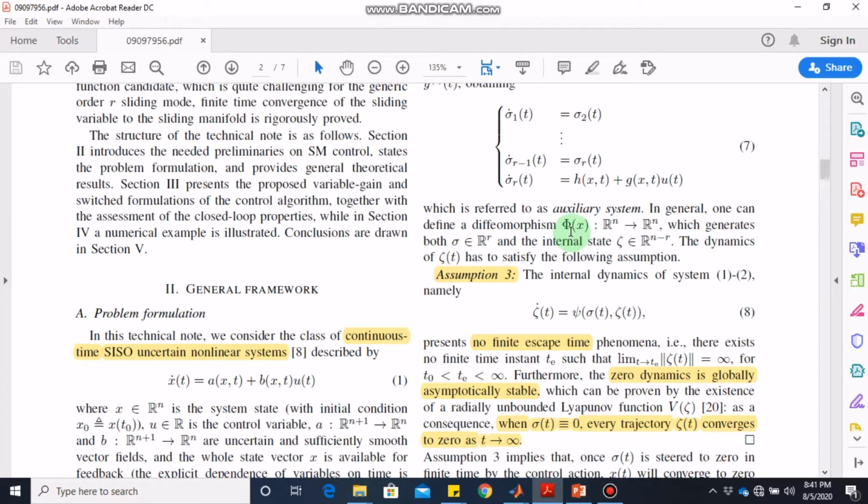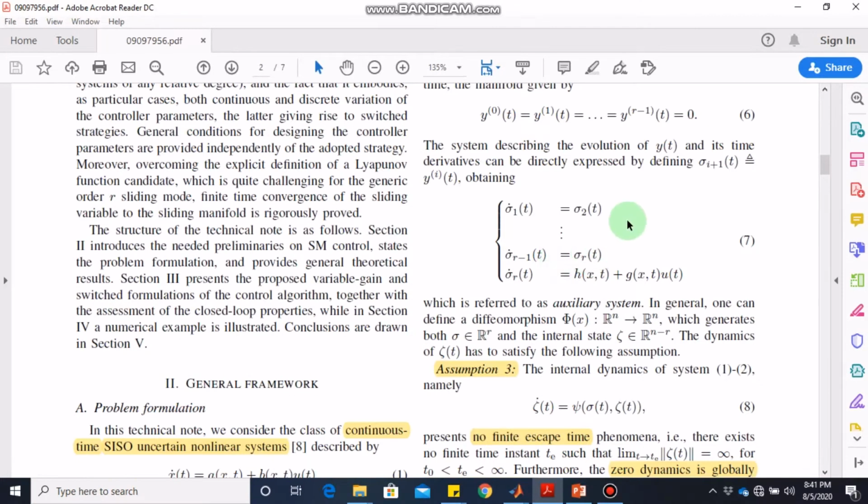So basically it's here. You can see that sigma sub i+1, which is the (i+1)th sliding surface, is defined to be equal to the ith derivative of y. For i equal to 0, sigma 1 will be the 0th derivative of y, which is y itself.